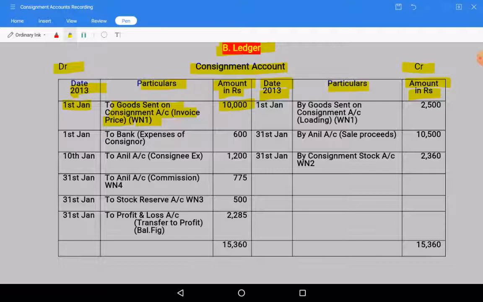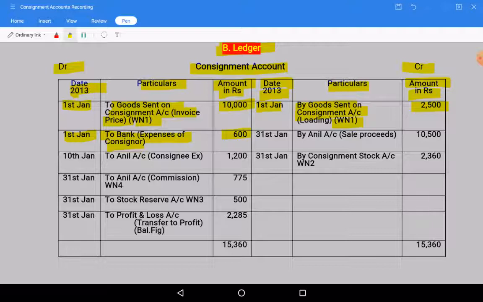So 1st January, by goods sent on consignment, loading, working note 1, 2500, just now you have seen. On the same date, while sending the goods, the consignor has incurred some non-recurring expenses. So 1st January, to bank, expenses of consignor 600.